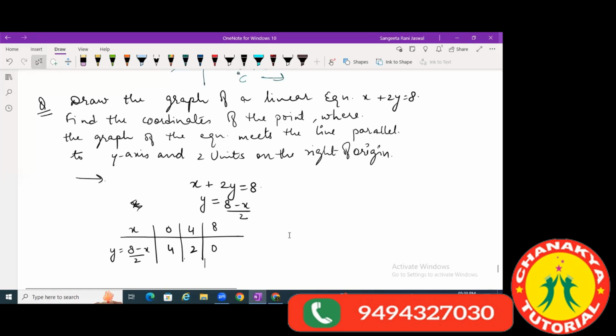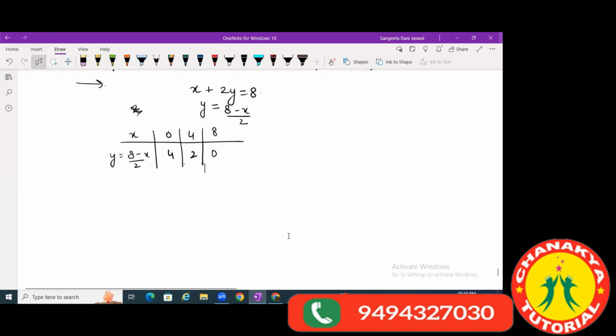So plot this graph first. 0, 4, 8. Okay, so I'll take it like this.